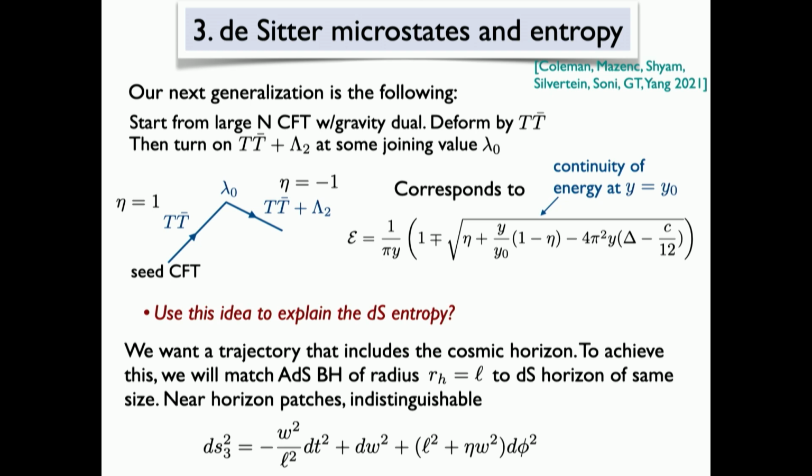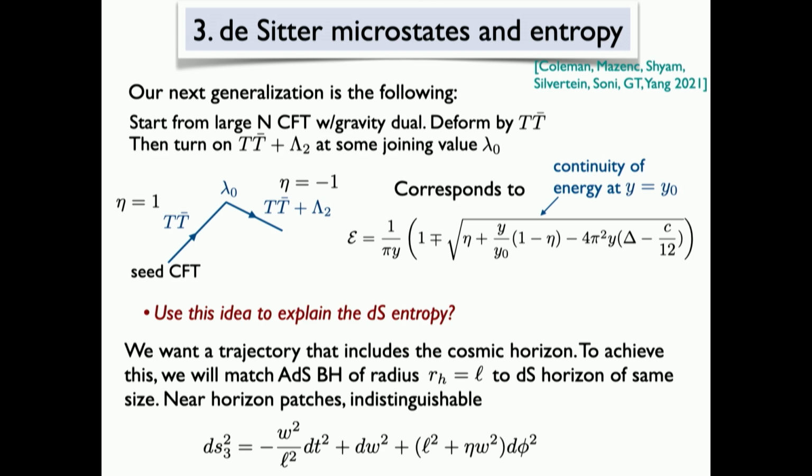So these are trajectories in field space, and just at this lambda naught, I'm turning on the Lambda2 deformation. Okay? And what we have to require is continuity of energy levels here, okay? And this corresponds to a certain choice of C1. Here I'm giving an example, okay? But I'll get into more details soon with this.